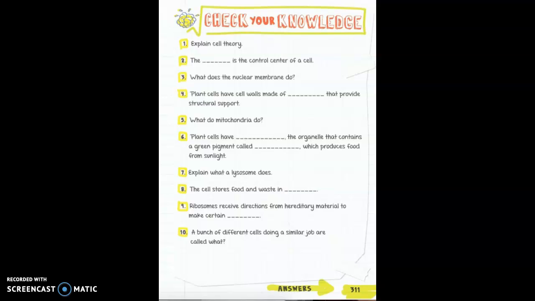Number 8, the cell stores food and waste in which organelle? Number 9, ribosomes receive directions from hereditary material to make certain blank. Number 10, a bunch of different cells doing a similar job are called what?